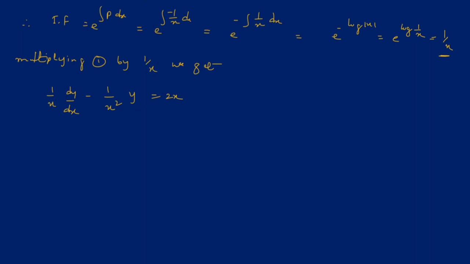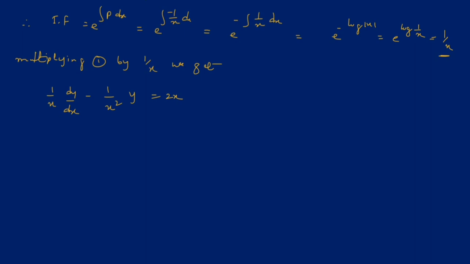Here we have reduced the values: 1 by x multiplied to the first term; in the second term, already minus y by x is there, so multiplying one more x gives minus 1 by x square into y. On the right side, 2x square divided by x, one x cancels, and only 2x remains.